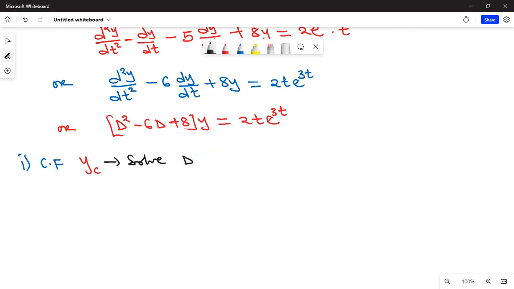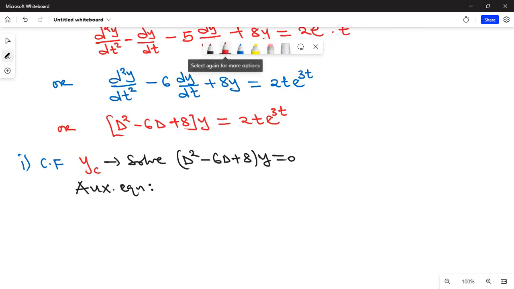It is D squared minus 6D plus 8 operating on y to give us 0. So our auxiliary equation is D squared minus 6D plus 8 is equal to 0. That's quadratic in the operator D.